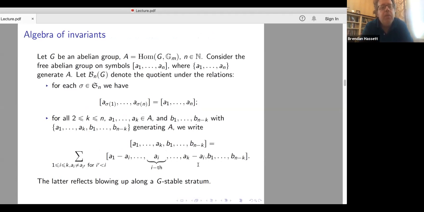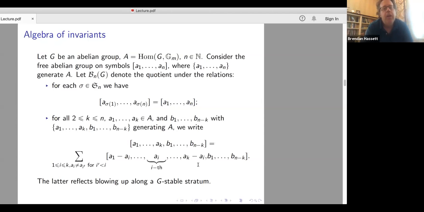The second relation is a bit more complicated, but the idea is that if you have, say, a fixed point, I can always blow that up. When I blow it up, I get an exceptional divisor, and the exceptional divisor will have an action of the stabilizer. There may be fixed points on that exceptional divisor, and I need to keep track of the bookkeeping of those fixed points.